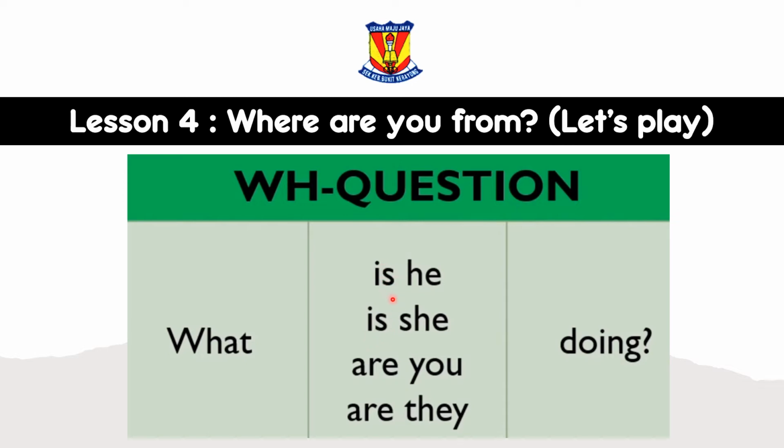So that means if we want to ask about he or she, we use what is he or she doing, whereby for you and they, we use what are you doing, what are they doing.